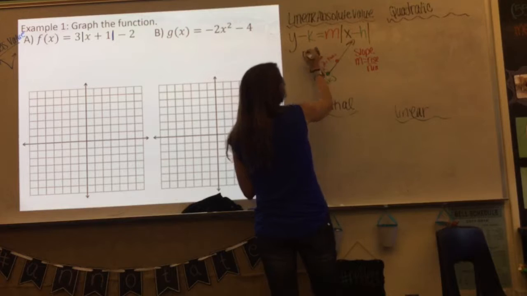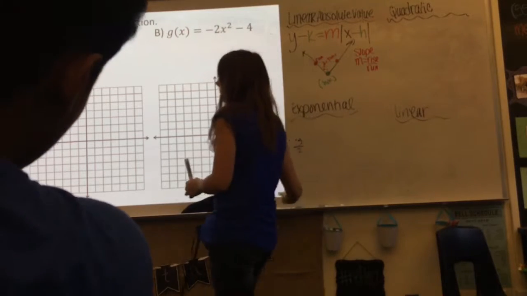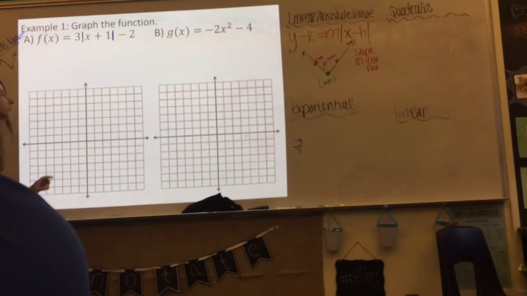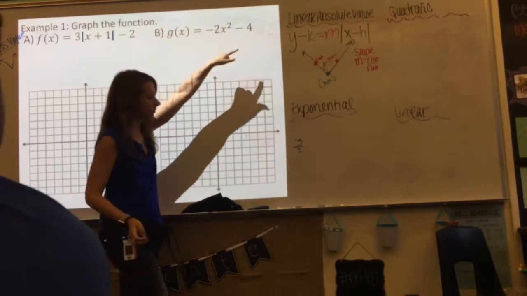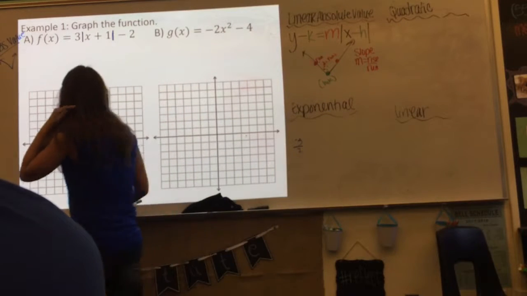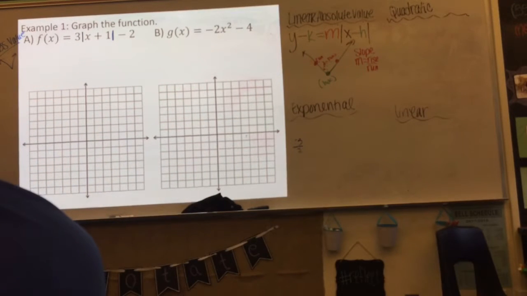Okay, so we're going to do that part with this one over here. I've got to find the HK. Does this equation look like that one? No. So what could I do to this one to make it look like that one? Add 2. Add 2, very good.